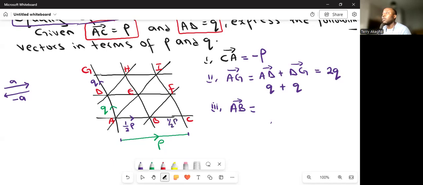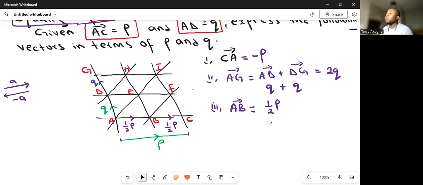Half P. Because we know from A to C was P, so therefore A to B must be what? Half P. Are you seeing it? All right, so you see that we are solving the question using the concept of those parallel lines we talked about.